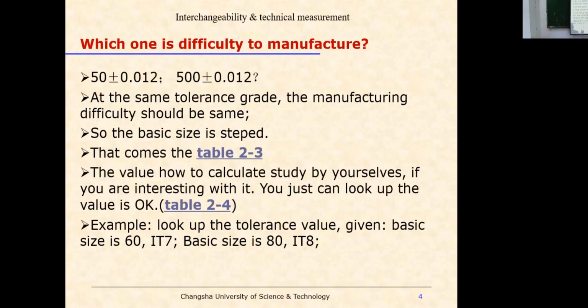It's very important for engineers to know how to find the table.